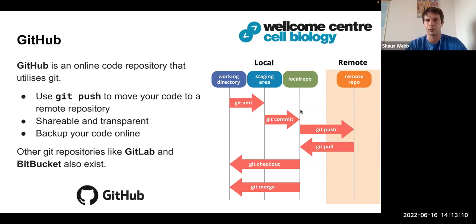And then at any point, you can push those changes to your remote repository, which in this case would be GitHub. Similarly, you can pull those changes to maybe a different computer or even a different user. And there are also commands for checking out code and merging code or reverting to previous versions of your code.